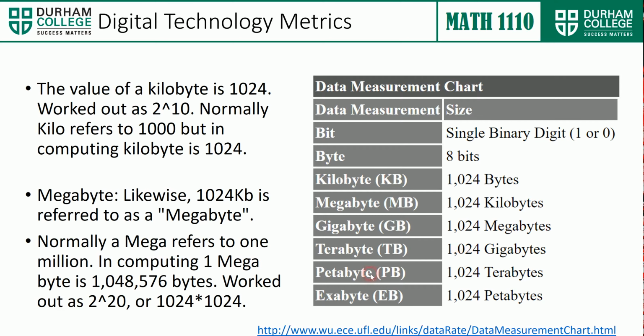When you move on, you then have a terabyte, a petabyte, an exabyte, and it really keeps on going. But it is something interesting to know. Just like a kilo would refer to 1,000 in general, but in computer terms it means 1024, similarly a mega refers to 1 million in general terms.